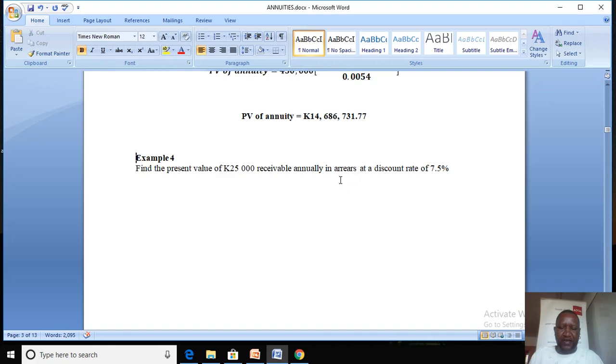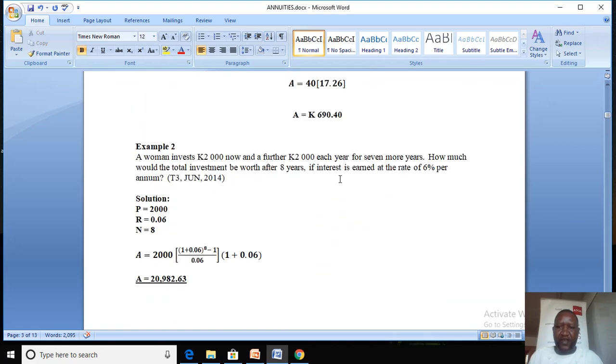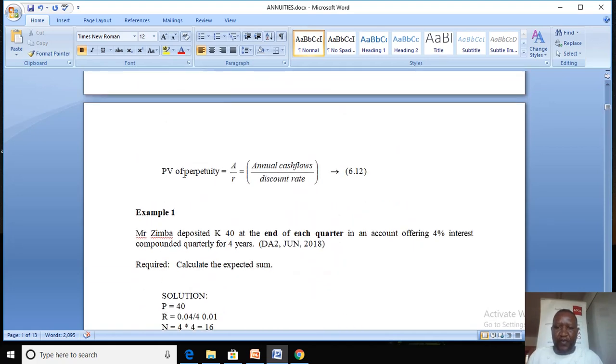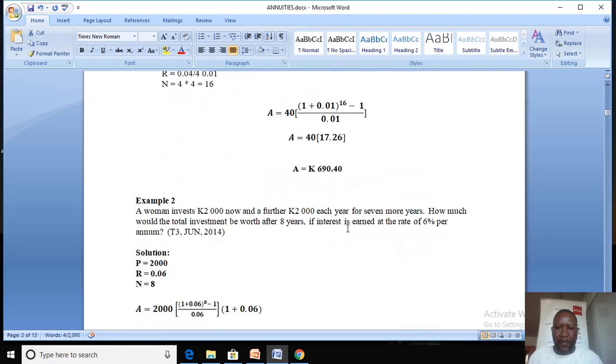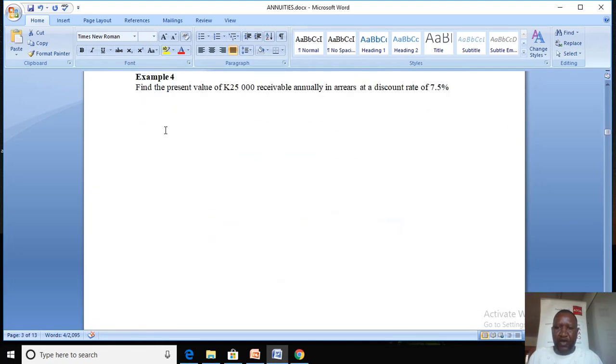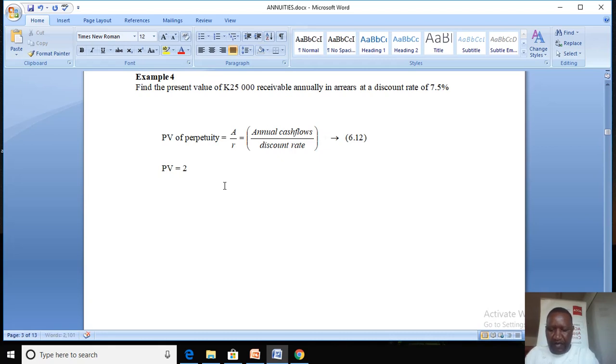So it's a perpetuity. So what's the formula for calculating the present value of a perpetuity? Just go up there and get the formula for calculating the present value of a perpetuity. So this is going to be PV equals to, what's the annuity? 25,000 divided by, what's the rate? 0.075.